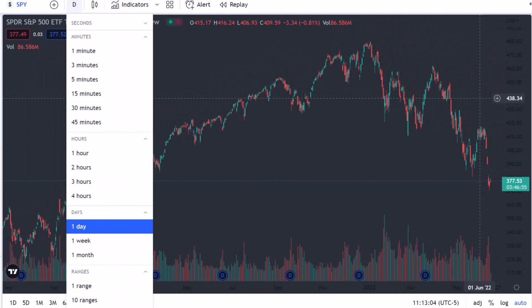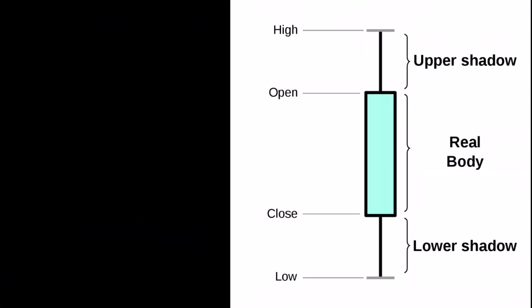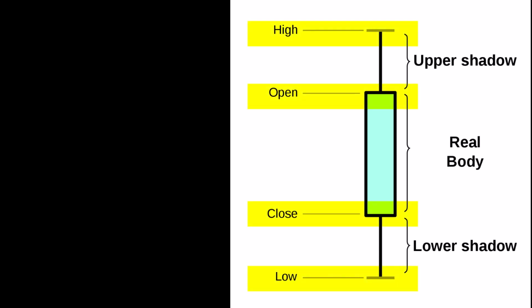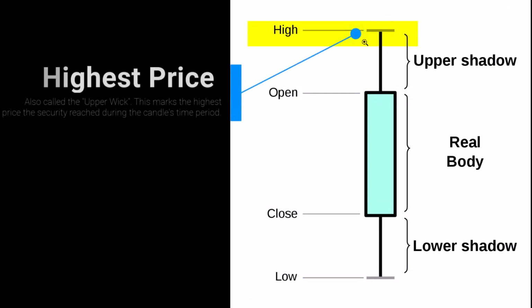So what actually is in a candlestick? Well, as you can see here in this depiction, a candlestick is depicted in 4 different pieces of information. We have the high, which is here. This is the highest point during this candlestick's time period that price achieved.